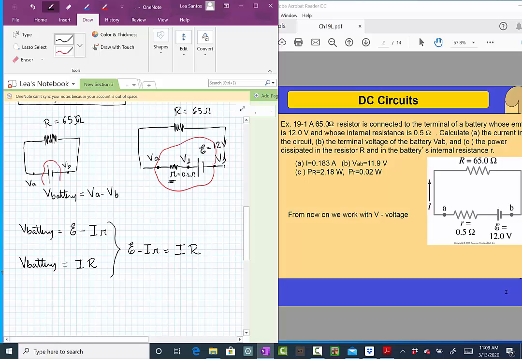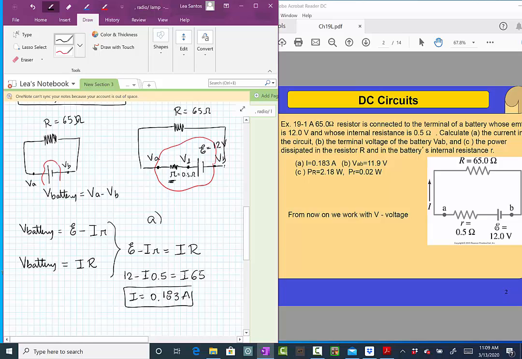Now we have everything. EMF is 12, I is our unknown, the little resistance is 0.5, I is our unknown, the big resistance is 65. We put all that in and you will get 0.183 amps. This is the answer for part A.